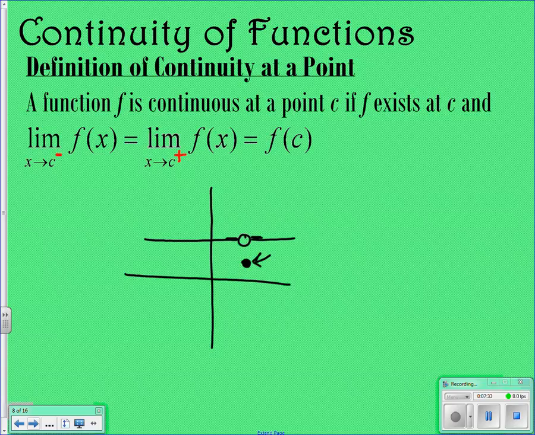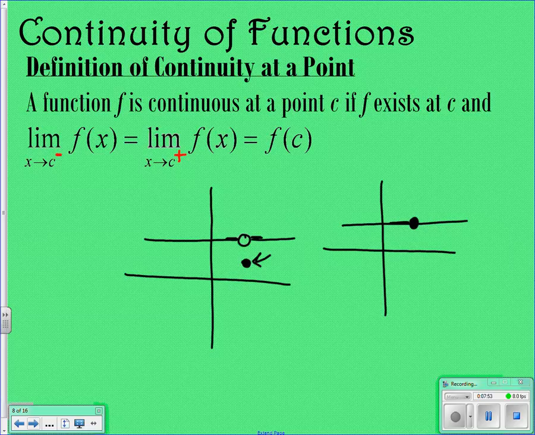So while the left and the right hand limits equal each other on this graph, since this picture shows a hole with a little dot below it, those three values are not the same. So this would not be a continuous function. But looking here, if I have a function like that, and I'm looking at this point, the left and the right hand limits are the same, and whenever I plug in the number, I get the same thing from this point. And so that would show you an example of a continuous function.